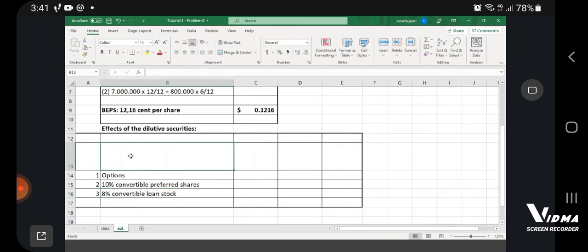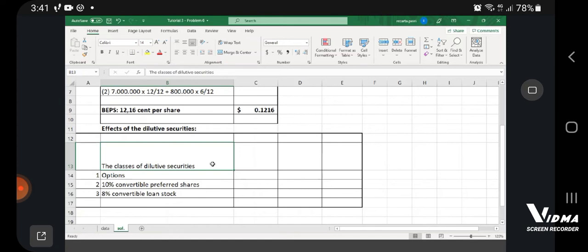So these are the classes of dilutive securities, and we show that in the first column of our table, where we will show the effects that each dilutive security will have on the earnings.